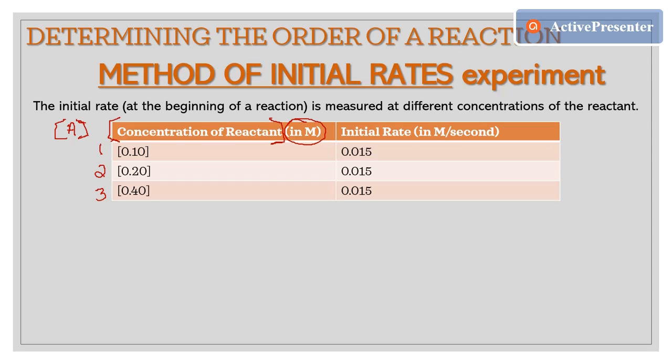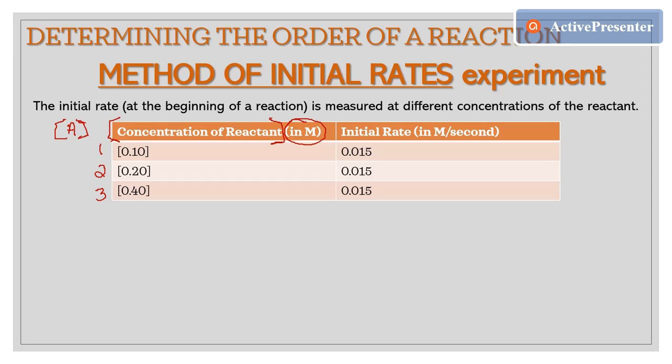In the first experiment, we used 0.10 molarity of A. In the second experiment, we used 0.20 molarity of A. And in the third experiment, we used 0.40 molarity of A.